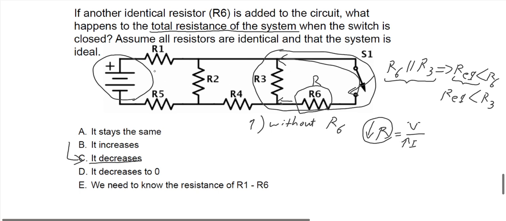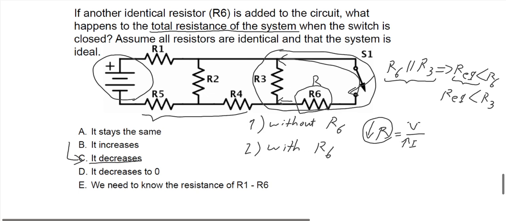You guys can just practice. Try to solve this in another way. Try to figure out the total resistance, like the equivalent resistance of this system without R6, and then try to figure out the equivalent resistance with R6.